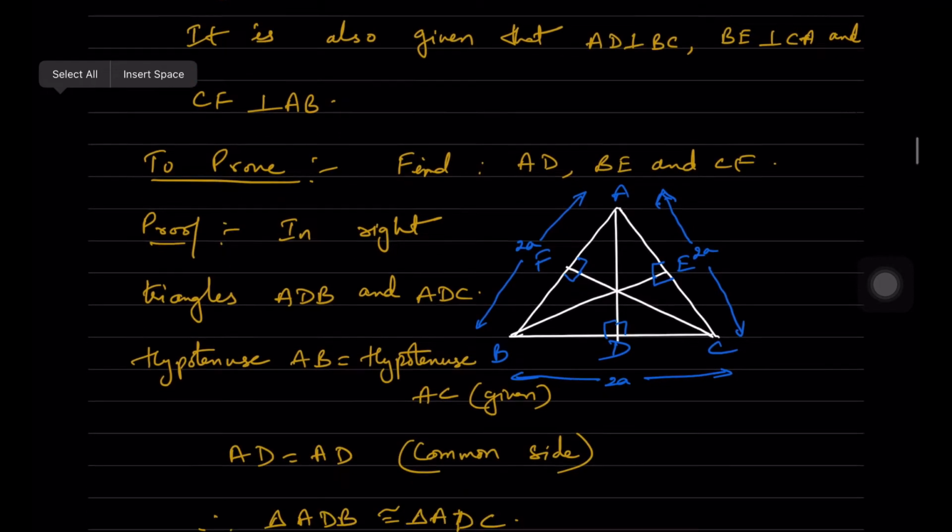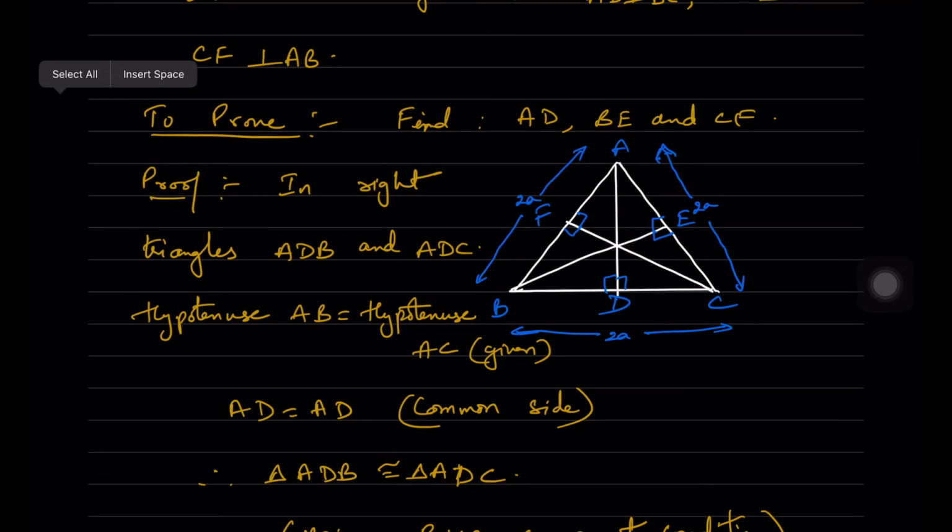So in right triangles ADB and ADC, hypotenuse AB is equal to AC, which is given. AD is also equal to AD, so you are having this common side.